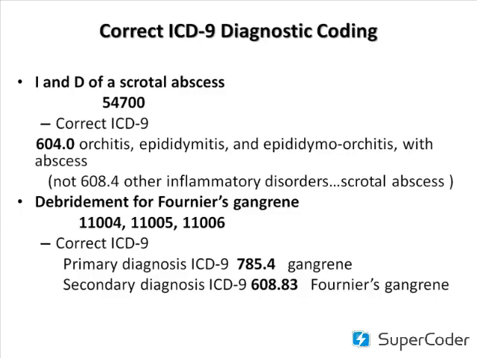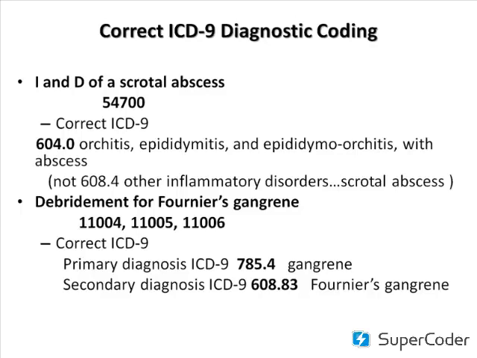Another money loser with reference to diagnostic codes is the coding for debridement for Fournier's gangrene. We have 3 codes: 11004, debridement of the perineum and external genitalia; 11005, debridement of the abdomen; and 11006, debridement of the perineum, the external genitalia, and the abdomen combined.